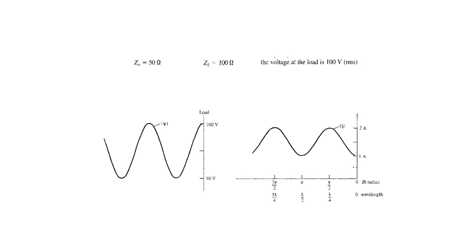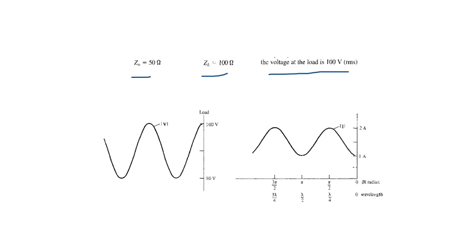Now let us consider we have one line which has the characteristic impedance Z0 equal to 50 ohm, and the respective load impedance which is connected to it is 100 ohm, and on the load in this condition the value of load voltage is 100 volt.